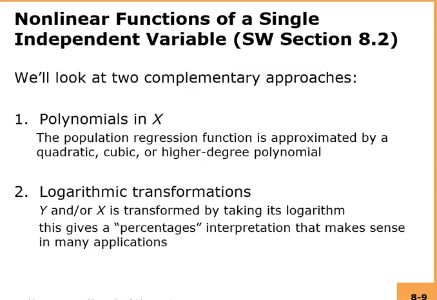So in this lecture, we will mostly be looking at polynomial functions and logarithmic functions. What are polynomial functions in x? They basically mean that the population regression function is approximated by a quadratic, cubic, or a higher degree polynomial.